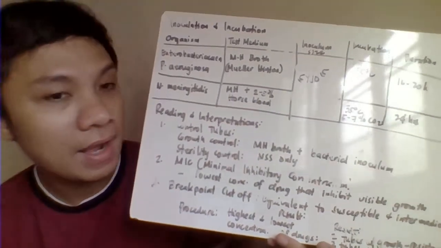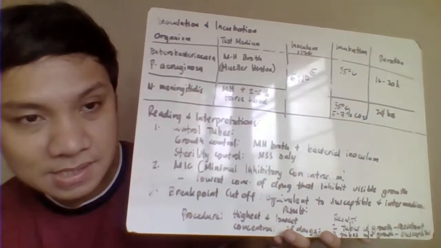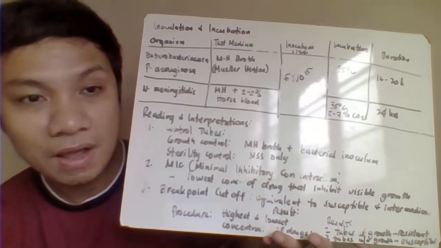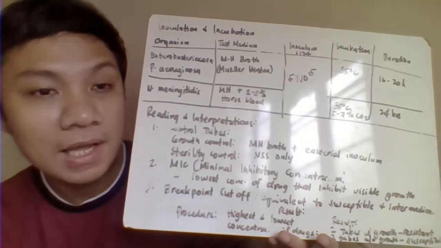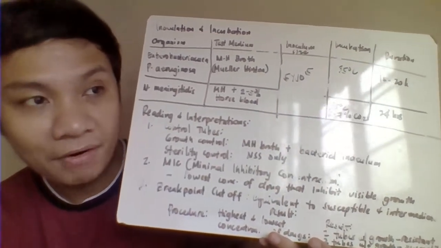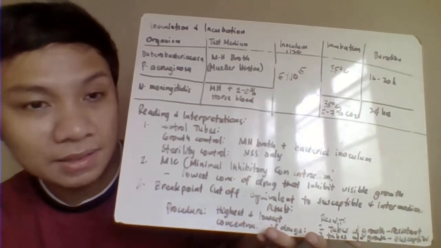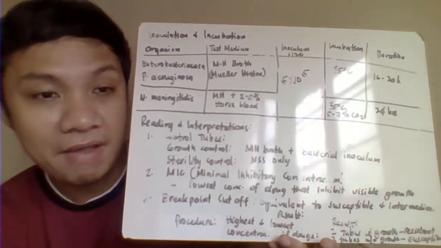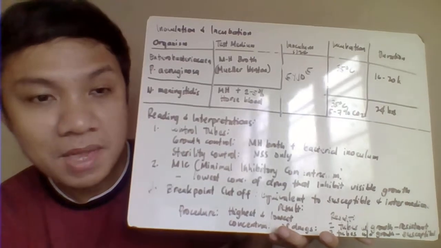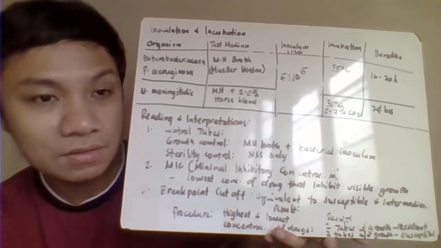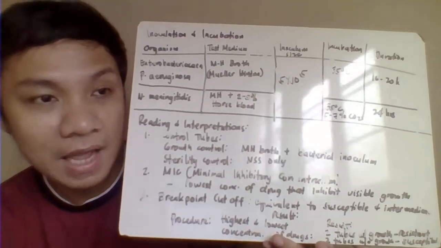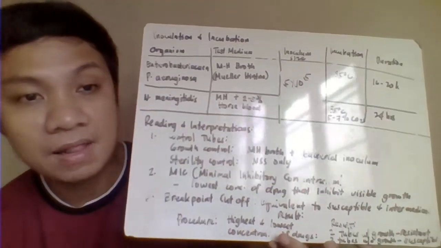For your Neisseria meningitidis, again, that one is also having the Mueller-Hinton broth here, but only that you'll be adding blood, your 5% horse blood. And then try to incubate at 35 degrees Celsius. Plus, you need to add carbon dioxide because this one is a capnophile.